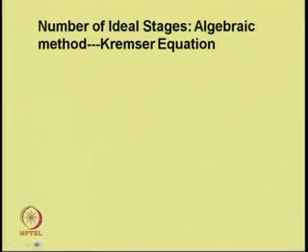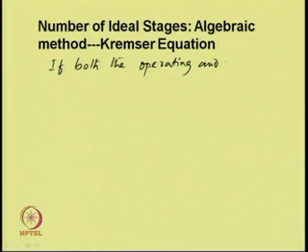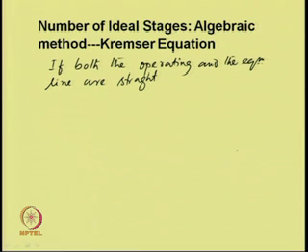In this case, if both the operating and the equilibrium line are straight, then we can obtain the number of ideal stages by the algebraic method.